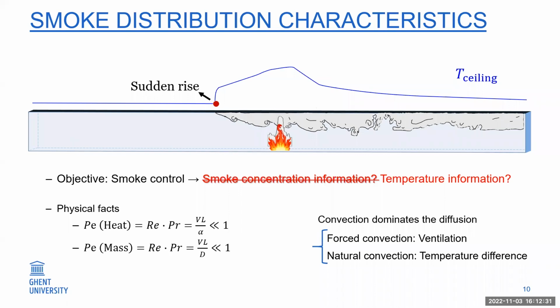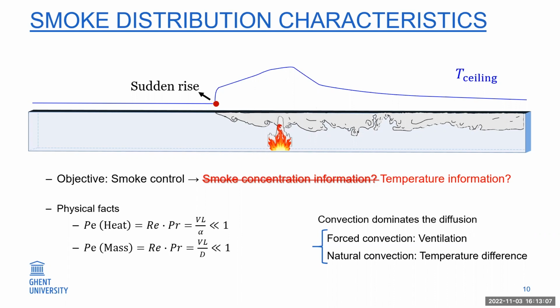Fortunately, we have two physical facts about smoke movement. The first is that the Peclet number of the heat transfer is much greater than 1. It means convection dominates diffusion for the heat transfer. And the second fact is that the Peclet number of the mass transfer is also much greater than 1. So it means convection also dominates diffusion for the mass transfer.